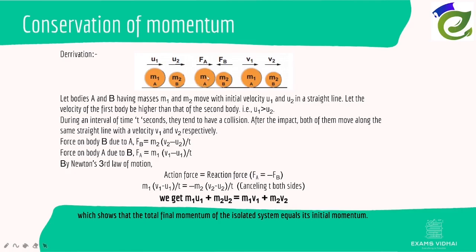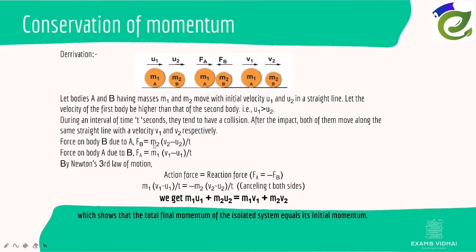During the collision, FA and FB are action and reaction forces. According to Newton's third law of motion, action is equal to reaction, that is FA is equal to minus FB. For FB, we know that F is equal to ma by Newton's second law of motion. Acceleration is the rate of change of velocity with respect to time.